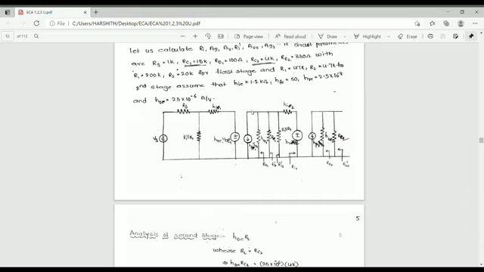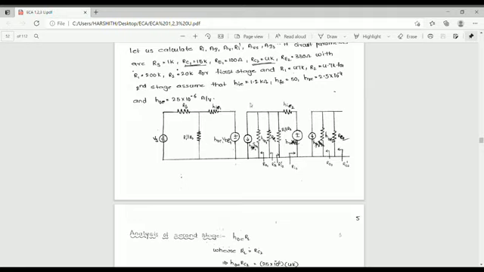IB current is flowing in this. Next one, this is the RC1. This is also R1 parallel with R2 and this resistor is the hie of the second stage. This is the first stage: hie in series with the voltage source, and this is the current source in parallel with the resistance.